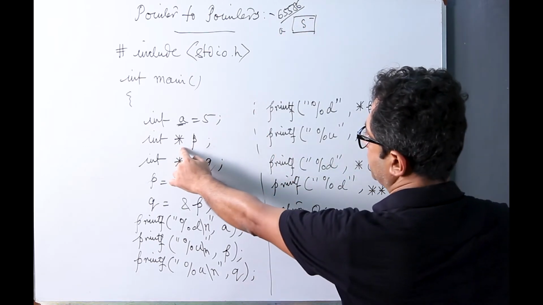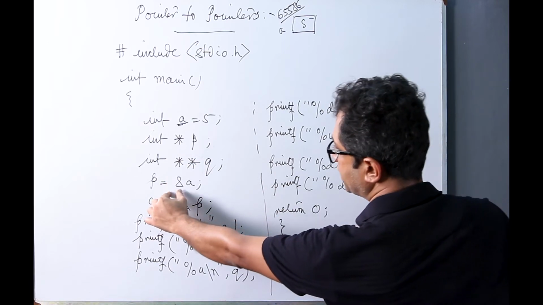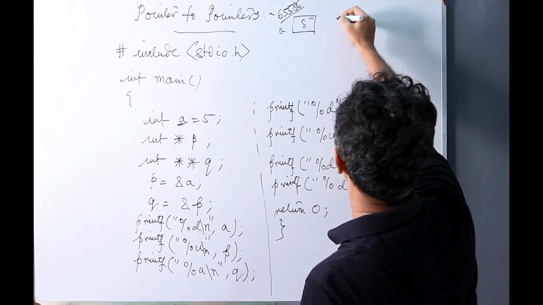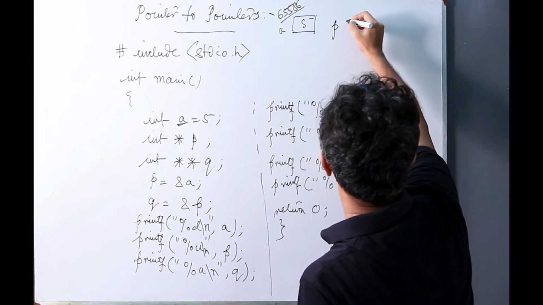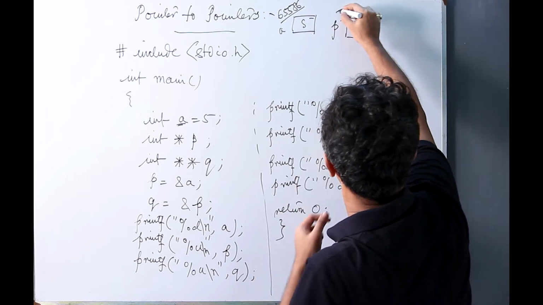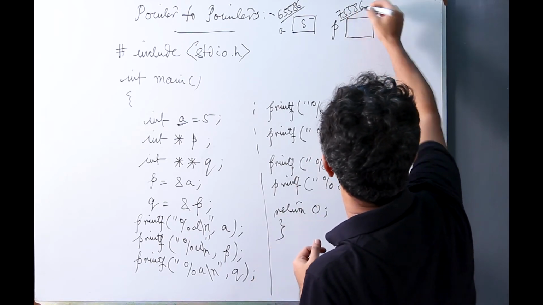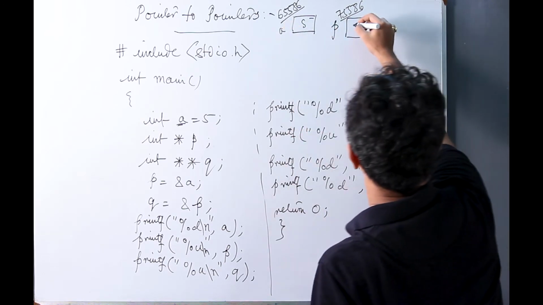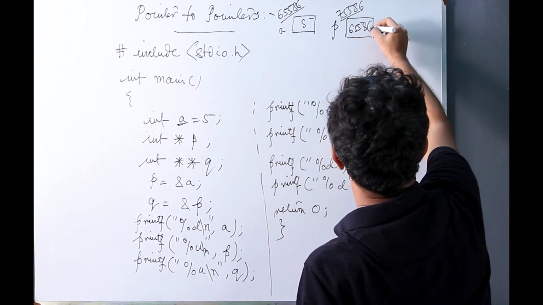So p has been assigned the address of a. So p is a pointer to an integer which itself occupies a memory space, suppose 75586, and this contains the address of a, that is 65586.